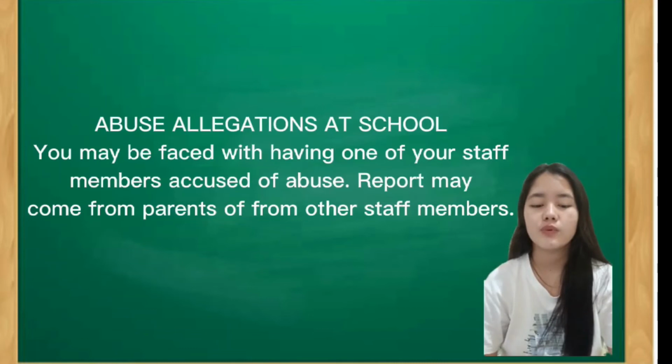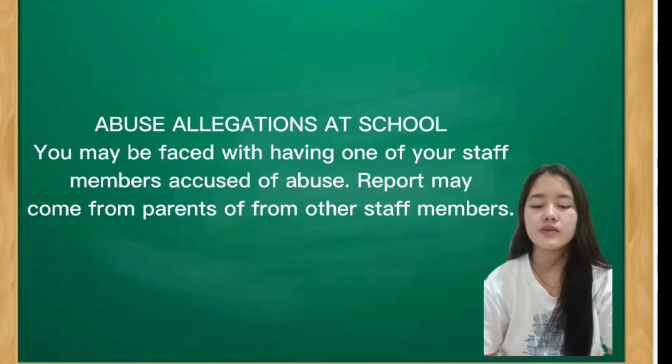The two agencies will work together to complete an investigation of the report. The staff member should receive appropriate legal representation before being interviewed by the police. Although no one is required to answer questions, encourage your staff to cooperate in this way.